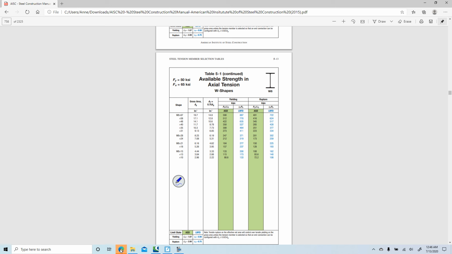Everybody see that? So I'm on page 5-13. It'll look a little bit different in the 15th edition, but you scroll down and it should say a W8 by 18 is 237 kips yielding and 193 rupture.